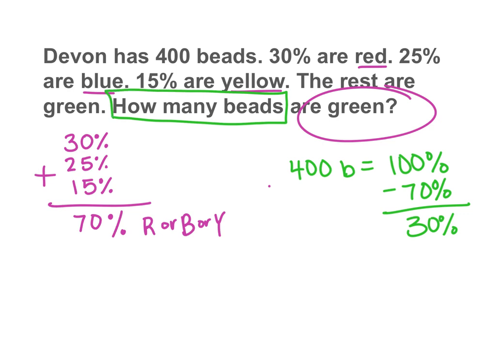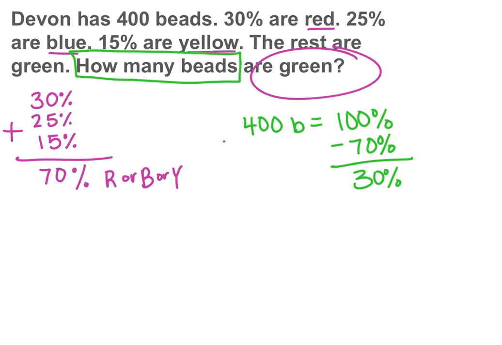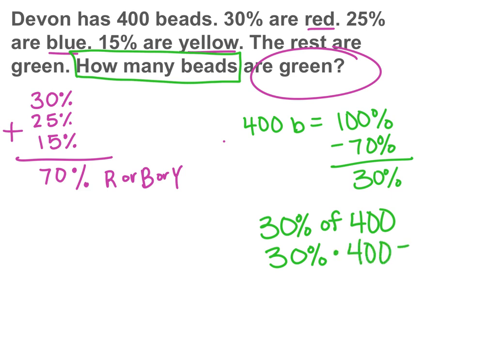So now we had to do kind of step 3, and we need 30% of his total beads. Does that make sense? 30% of his 400 total beads. So 30% of means, hopefully the whole class just said times 400, and that you can do in your calculator.